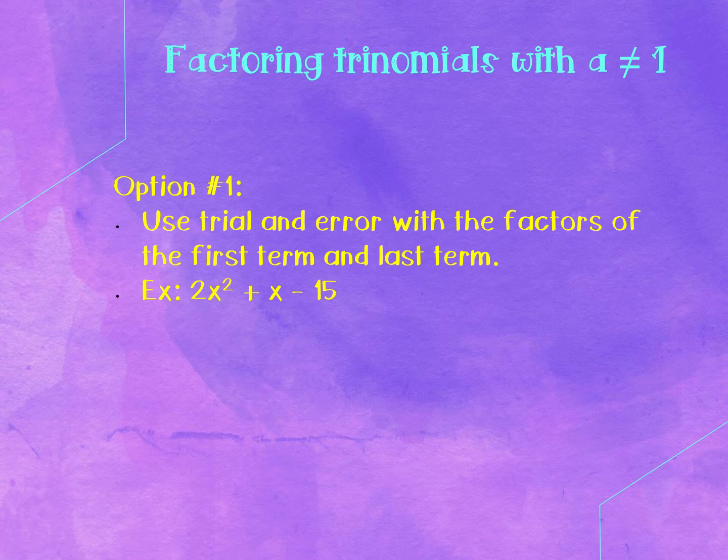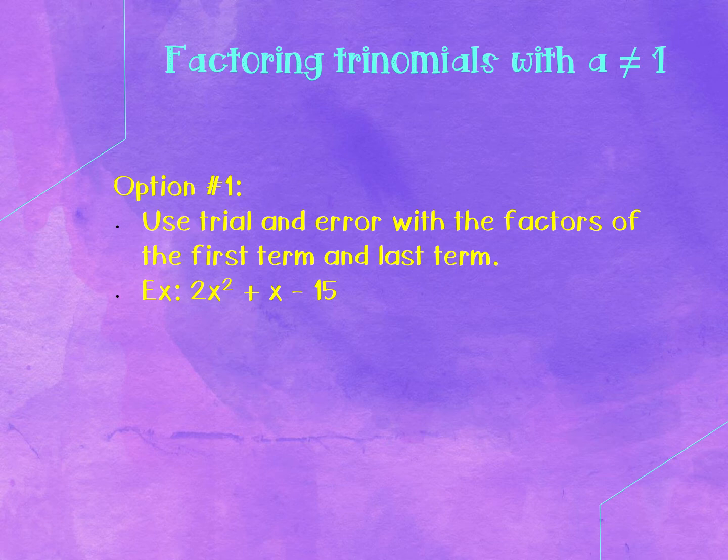What you're going to have to do is find the factors of the first term, find the factors of the last term, and find the combination that will give you the middle term. The problem with this technique is when the numbers are kind of large and you're looking through a whole bunch of factors, in order to confirm that you've picked the right ones, you've got to do a bunch of FOIL problems, which might take a little bit of time.